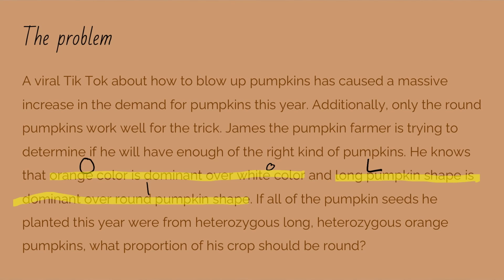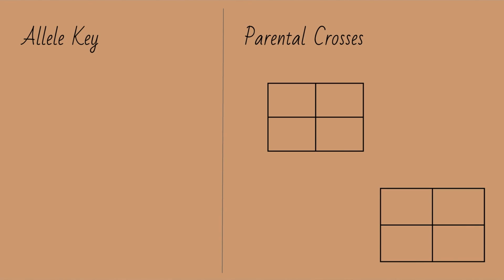So first we need to make our allele key. So we're going to write out all of the possible options. Let's start with capital L, and then we can have two big O's. If one of our alleles for shape is recessive, then we would have this.